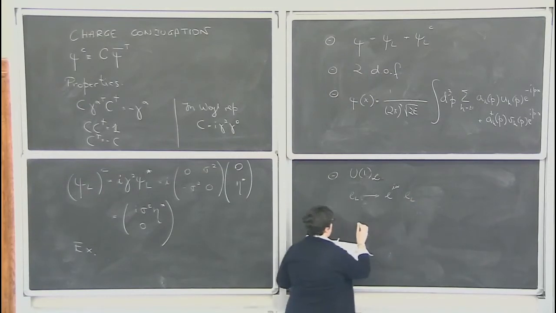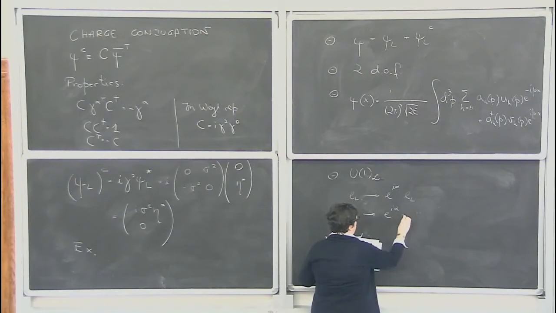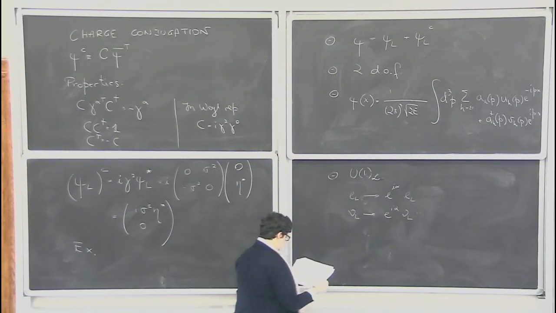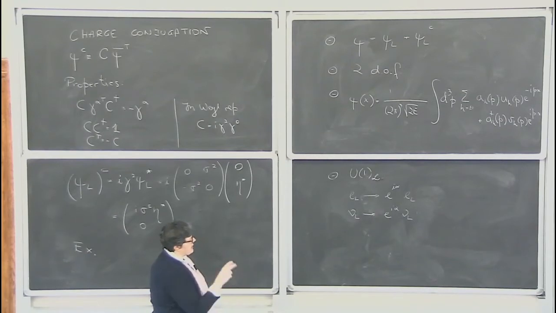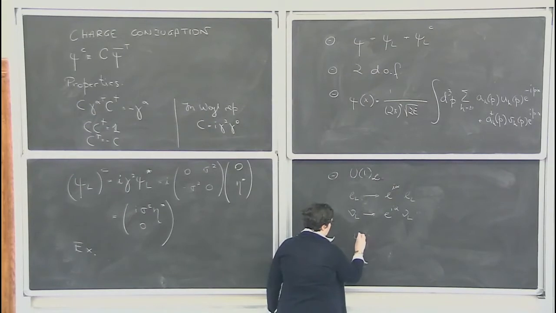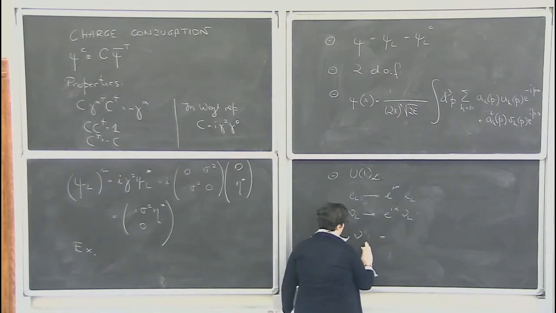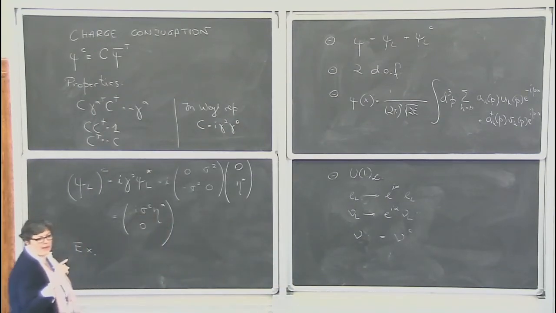And I can do the same for the neutrinos, e^{iα}. Now, here you have the field psi, or neutrino in this case, and here you have its conjugate. Its conjugate contains the transpose of the dagger, therefore the star.